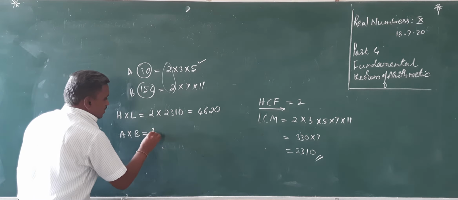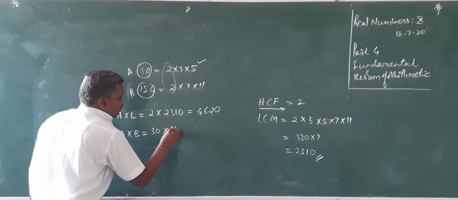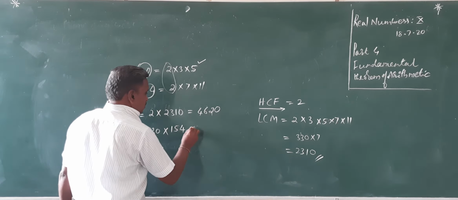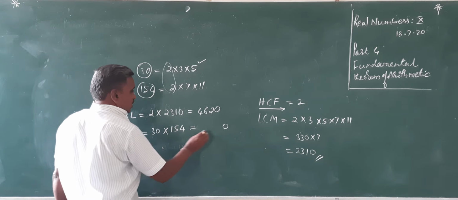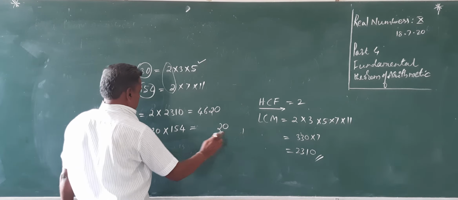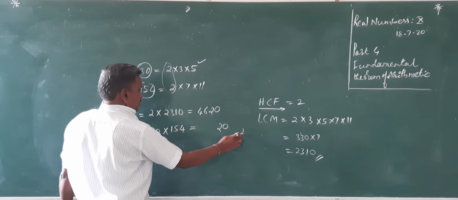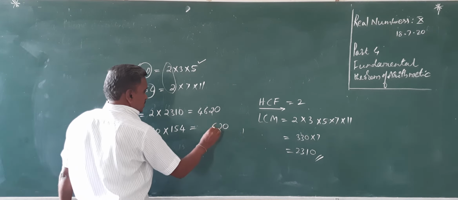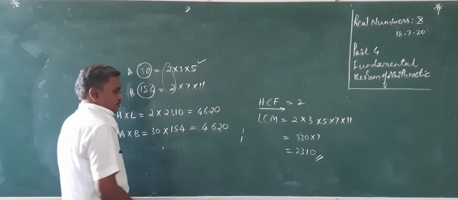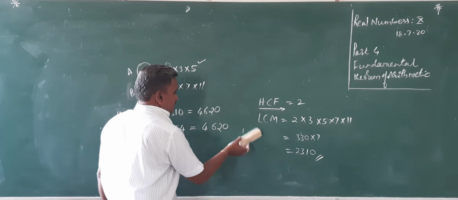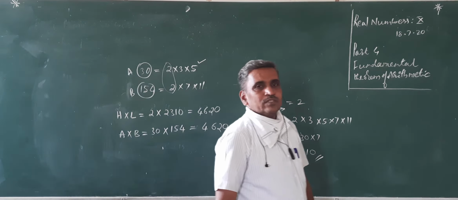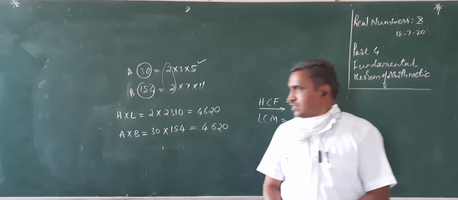That is 30 into 154 equal to 4620. It means you can understand that there is a relation between the terms and their HCF and LCM.